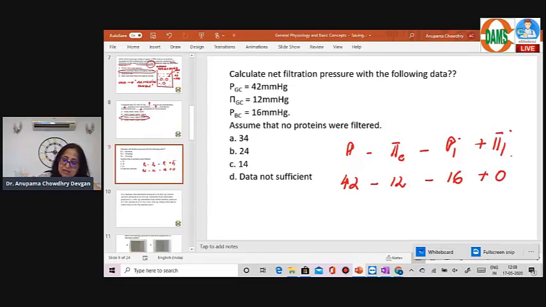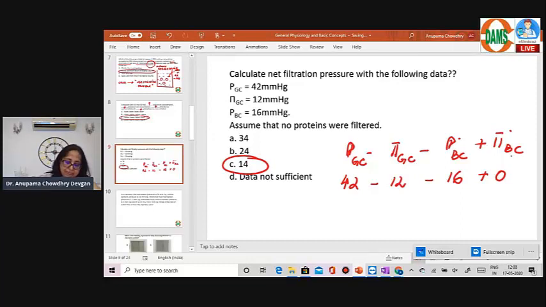So PC here is PGC, glomerular capillary hydrostatic pressure. Pi C is pi GC. Pi here is Bowman's capsule pressure and pi I is Bowman's capsule oncotic pressure. So 42 minus 12 minus 16. This is going to be 14 millimeters of mercury, right? 14 millimeters of mercury.